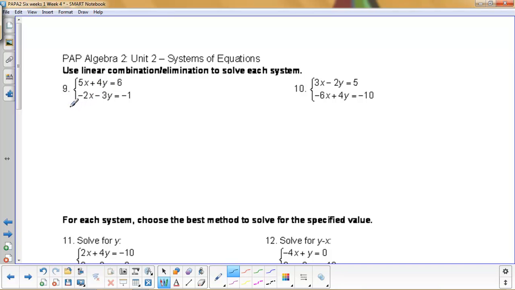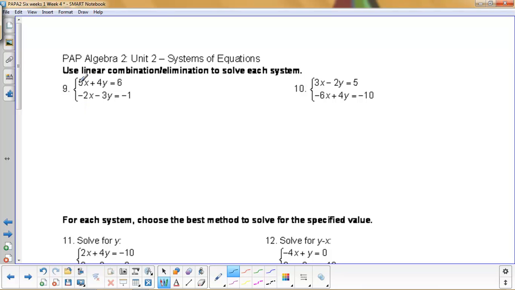What I'm going to choose to do is change the x variables so that the coefficients are the same. Now remember, when you have an equation, you have to change everything about it, not just one value.